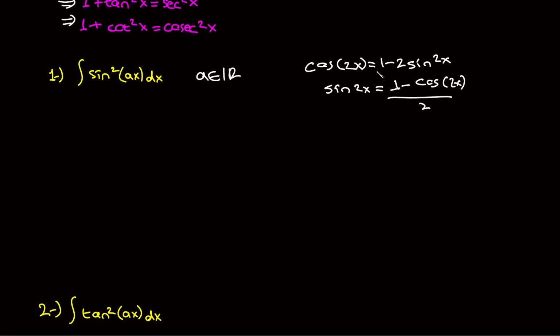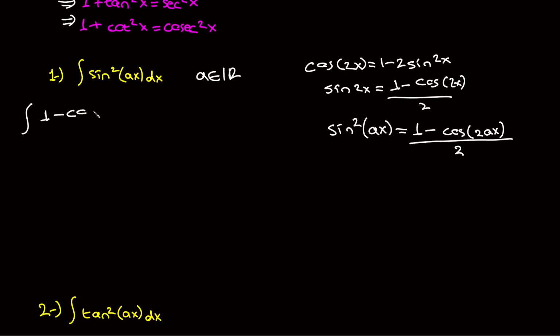Now I have sine squared of ax, not sine squared of x. Therefore, there's a hidden 1 multiplied with x here, so this will be (1 minus cosine of 2ax) over 2.